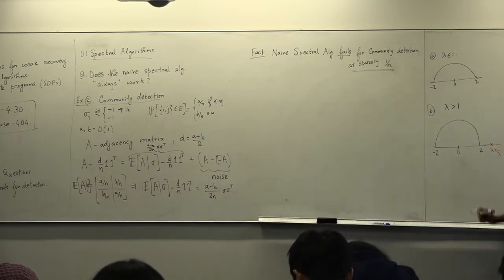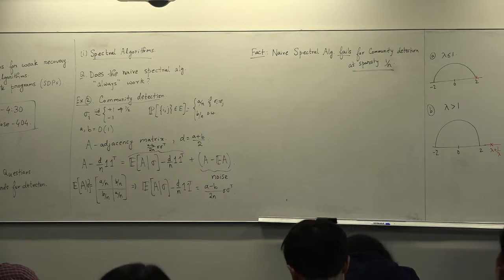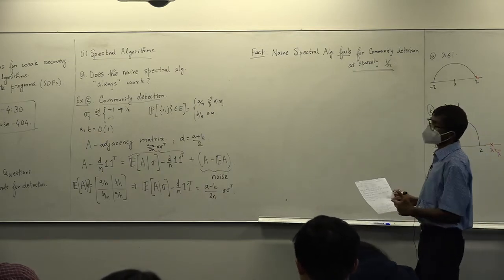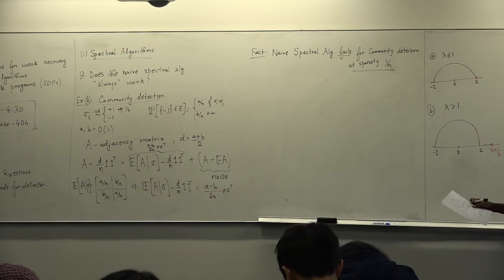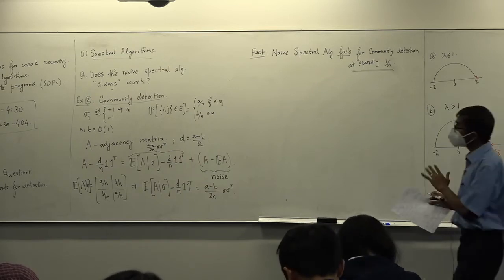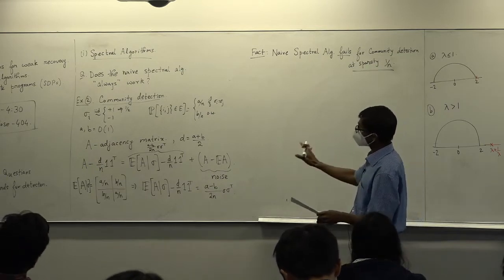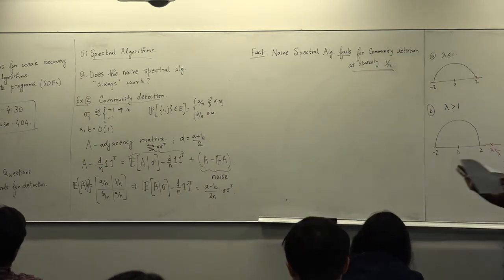In this regime, where the edge probabilities are of order 1 over n, if you look at just the top eigenvalue and the eigenvector for the top eigenvalue, these will not give you any useful information regarding the underlying community structure.